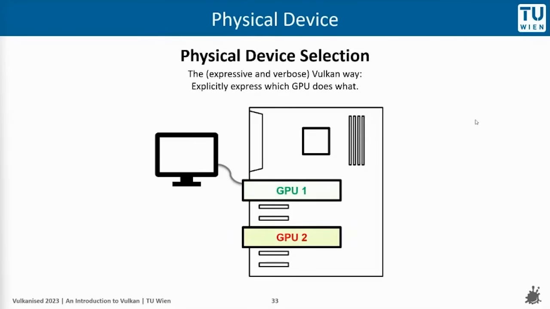Or we could also select GPU 2 to do all the rendering and then use GPU 1 just for presentation. Or we could distribute our workload on both GPUs. So I don't know, maybe one GPU works on something that can be processed in parallel, and that would be totally possible in Vulkan. You have to very expressively select which GPU performs which tasks in Vulkan.